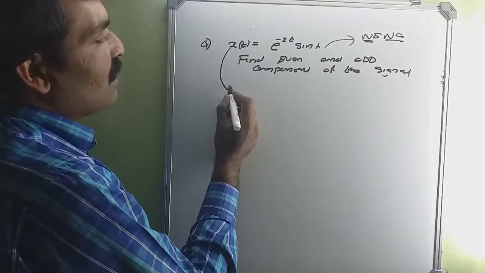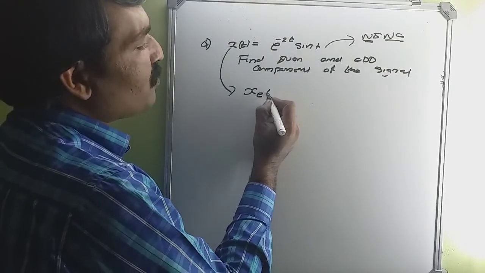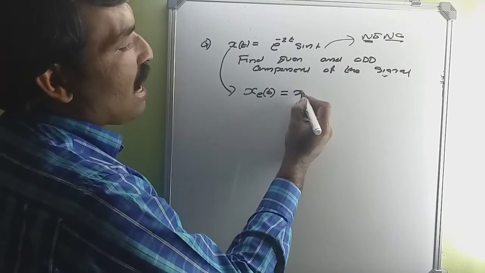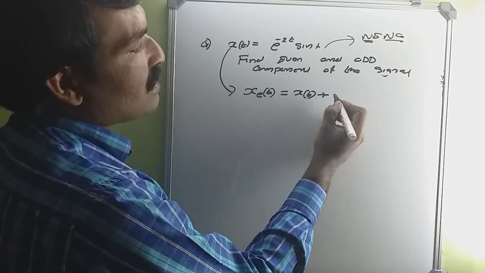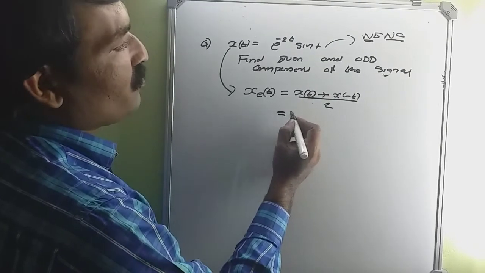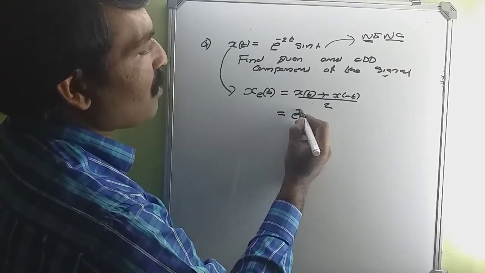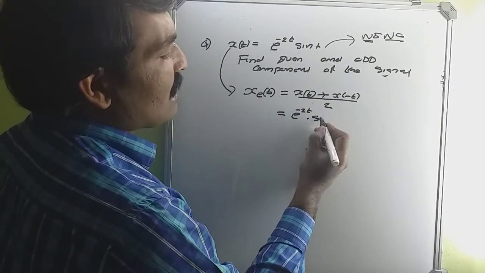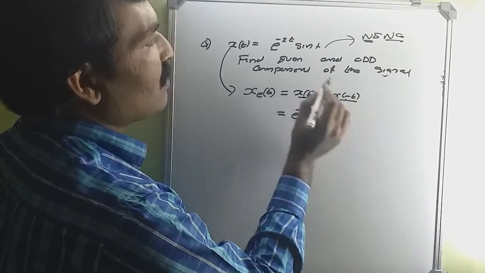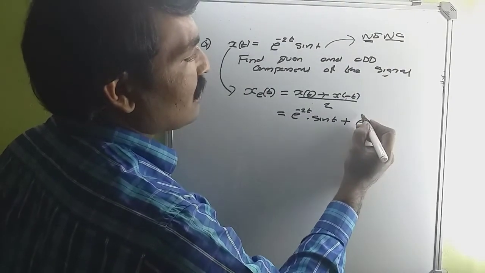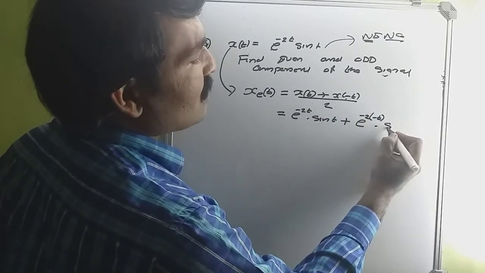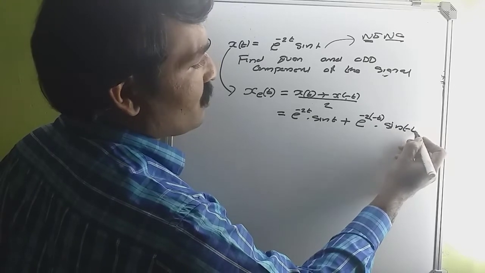So the even portion of t, that is the even component, is equal to x of t plus x of minus t by 2. What is x of t? x of t is equal to e raised to minus 2t sin t, plus x of minus t, replacing t by minus t, that is e raised to minus 2 into minus t, into sin of minus t.